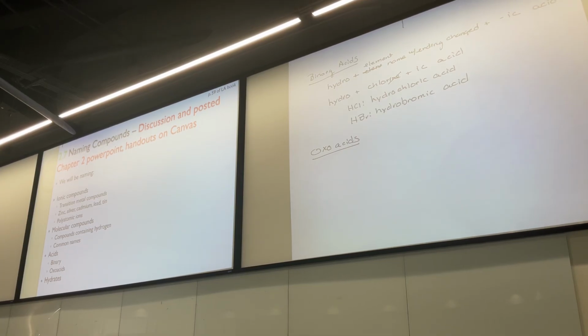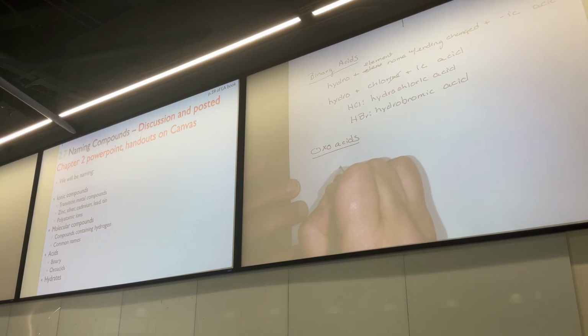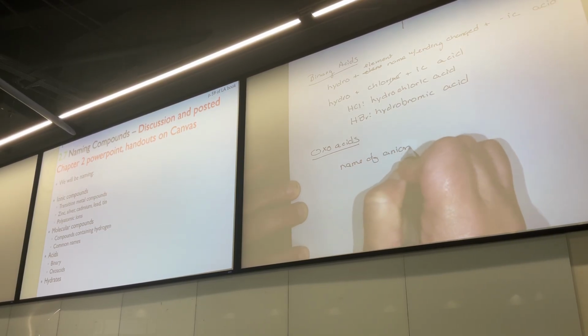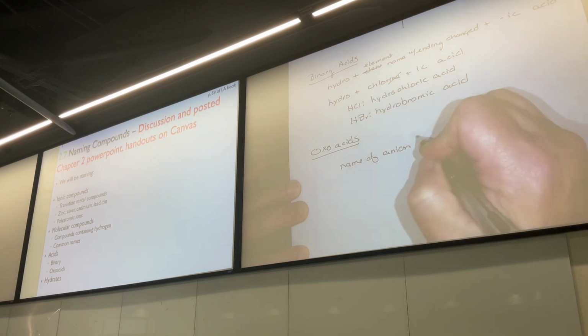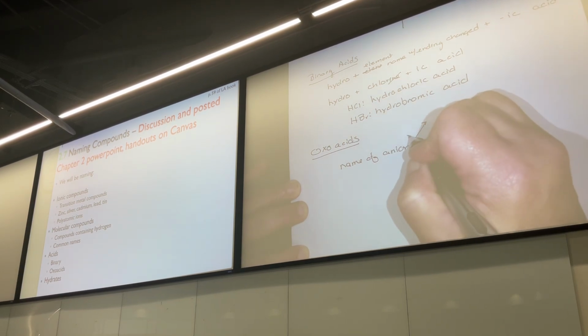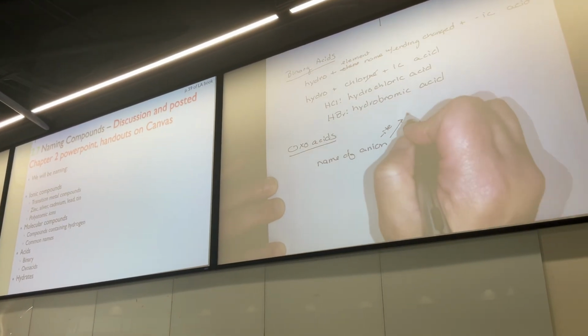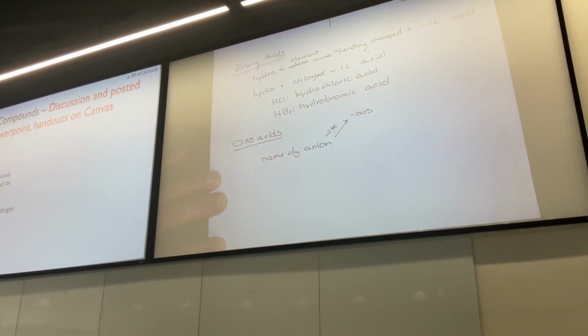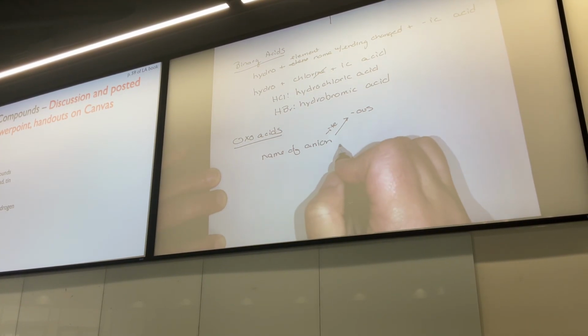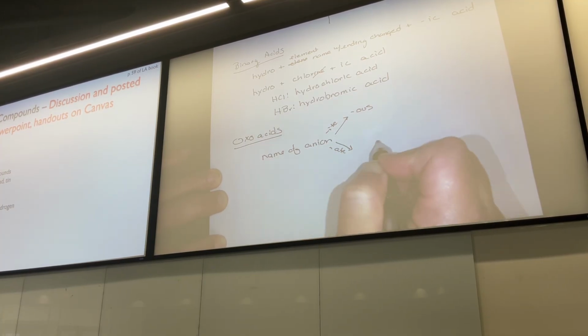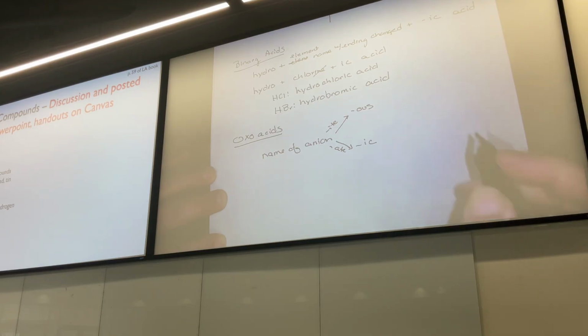So the name of the anion is where we're starting for our name of the acid. Depending on the ending, if it's ite, we change that ite to ous. So we're changing the suffix. If the ending is ate, that changes to ic, and then of course the word acid.